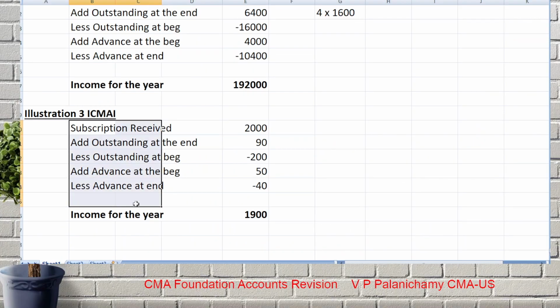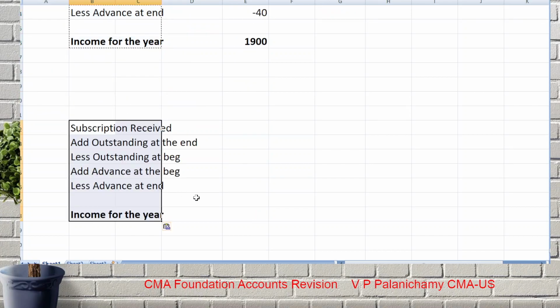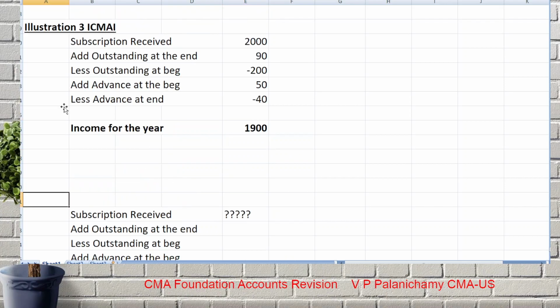In our next question, income for the year is given. This is given to us. We are asked to find out what is received. Reverse it, that's all.